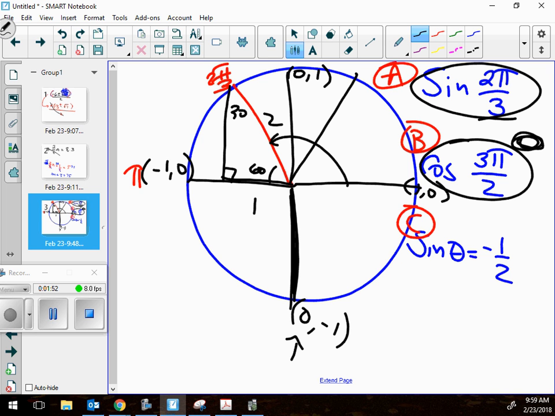1, 2, root 3. What's the most common mistake that I already have made? A negative. You got to watch out for the negative. There's a negative right there. Now, does it affect sine? No, because in this quadrant, it's all students take calc, and the S for sine should be positive there. So it doesn't use this, so it really wouldn't have mattered if you forgot that negative.